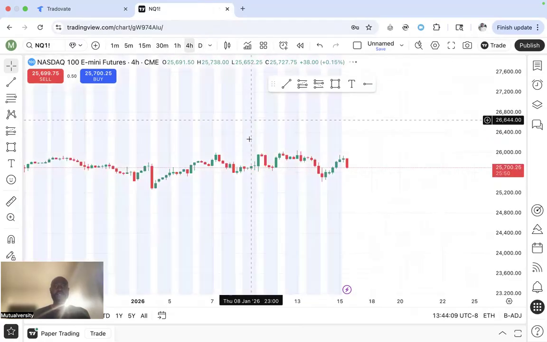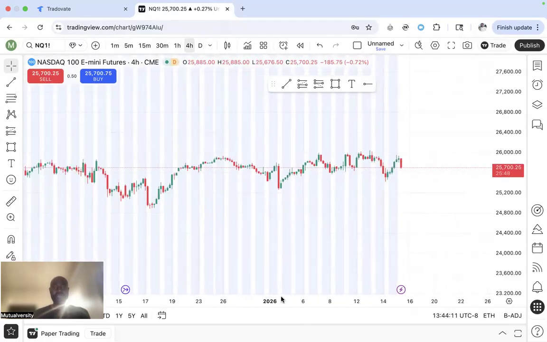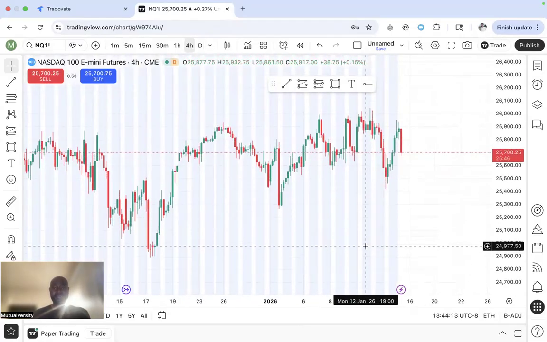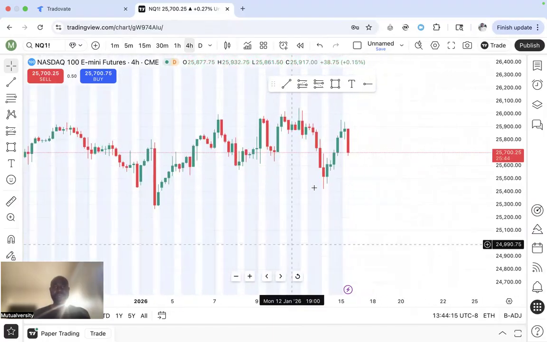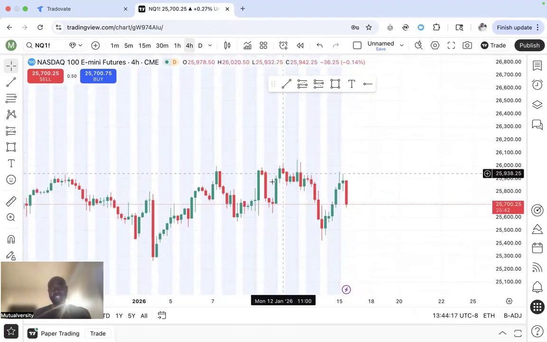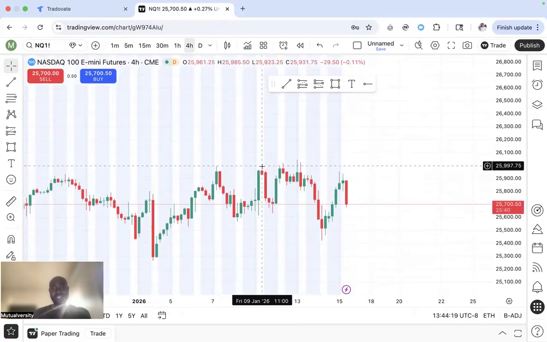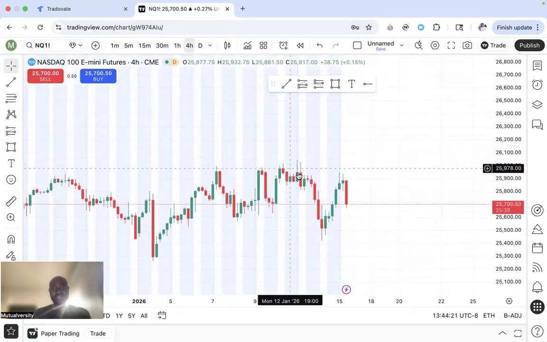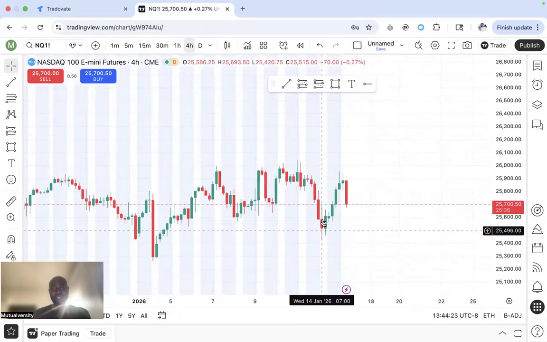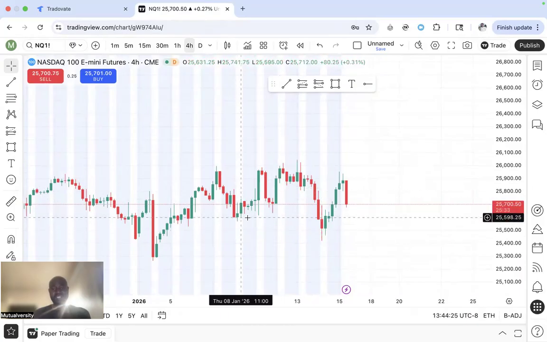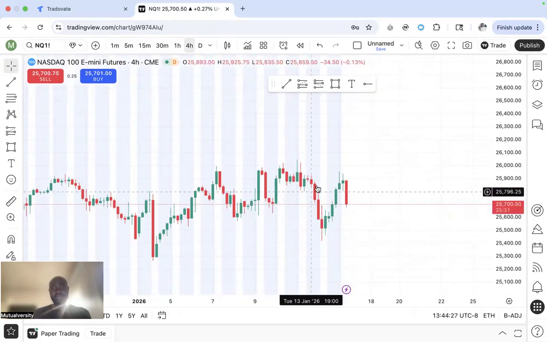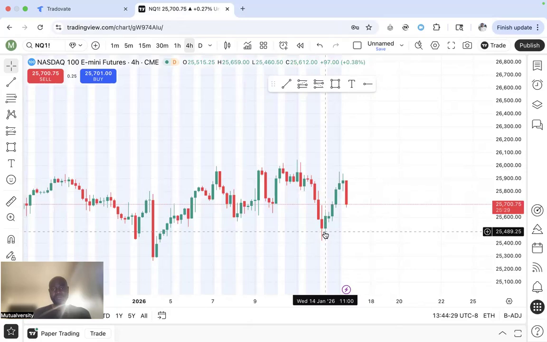So now you go to the 4 hour, you check what kind of trend it is. The trend is not too clear on this one, but it was creating a bit of consolidation, then it broke through and came to the downside. So it created a lower low.